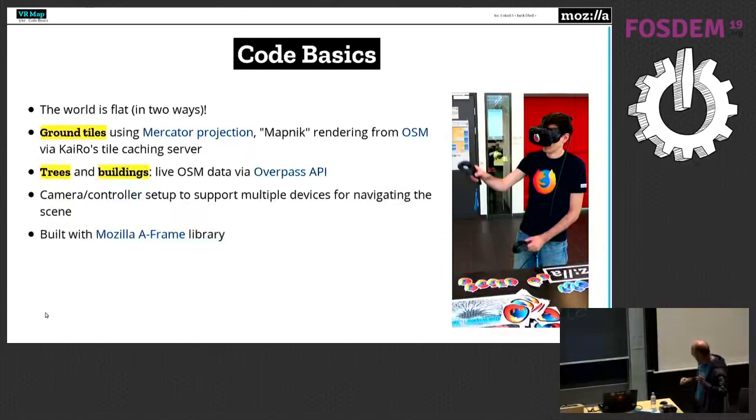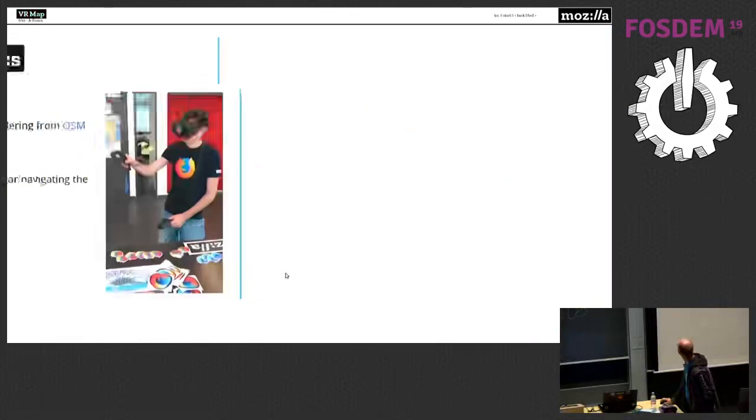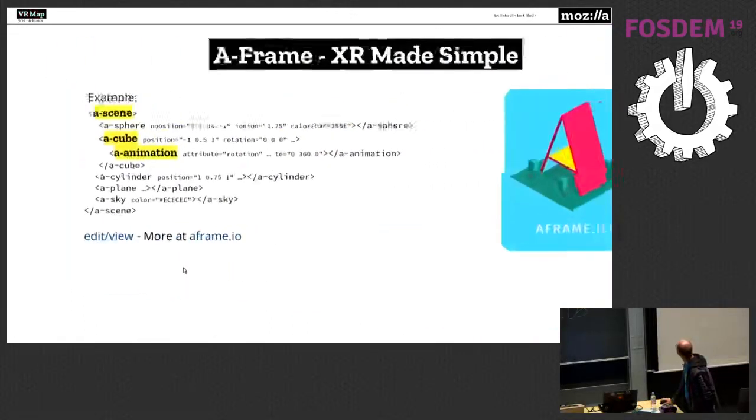So, as I said, there's trees and buildings. Those come from the Overpass API, which is the usual API for OpenStreetMap. And there's a camera and controller setup that is in the A-frame scene. And as I said, it's built with A-frame, so let's actually get into what A-frame is.